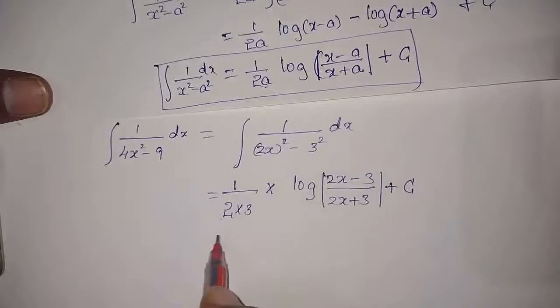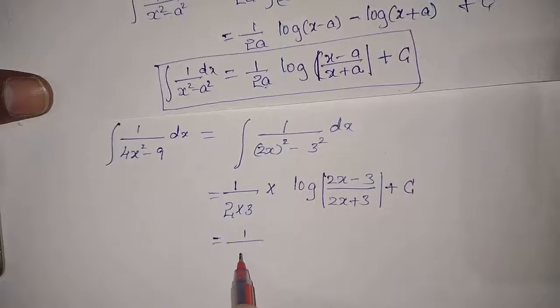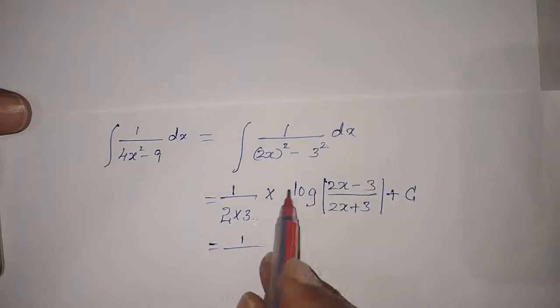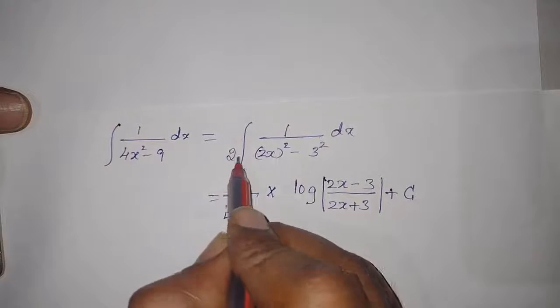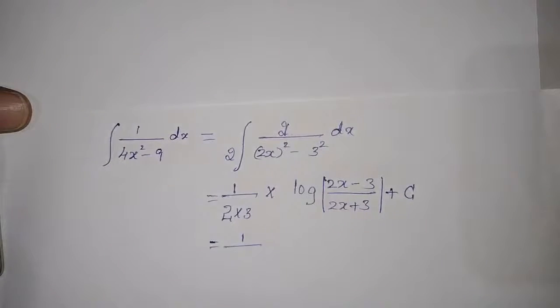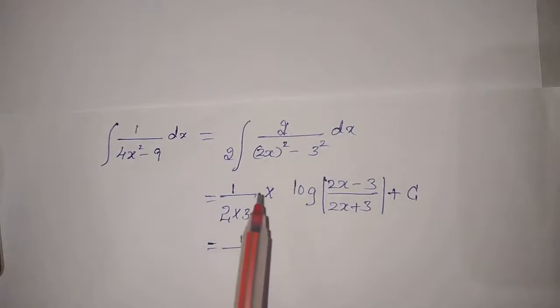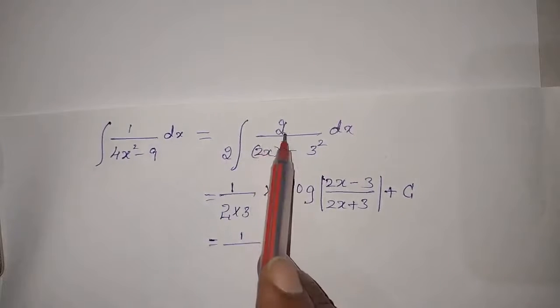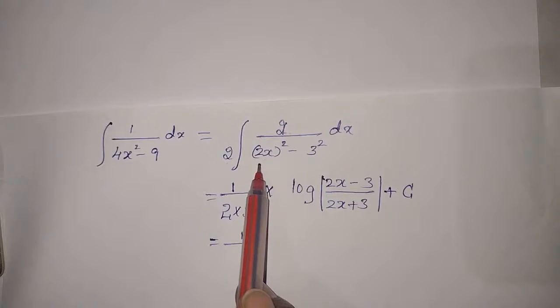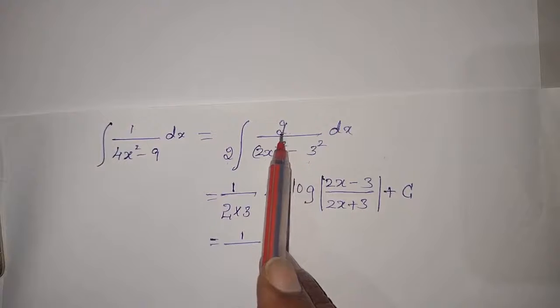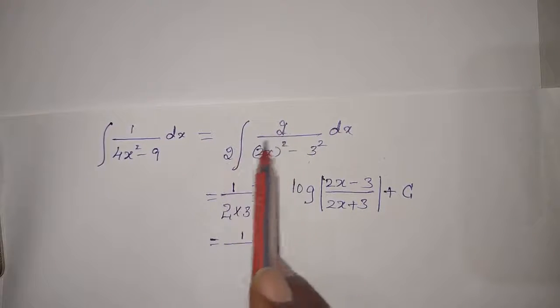Or it is also equal to 1 by 2 into, sorry, to this problem we have to divide and multiply by 2. Clear? So 1 by 2 here. Why do we divide and multiply by 2? If we differentiate the denominator, we get the numerator, that's why we divide and multiply by 2.